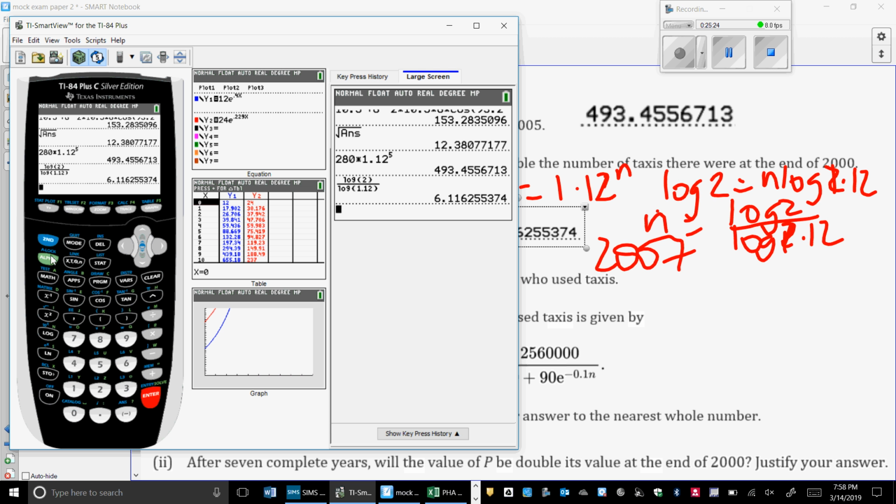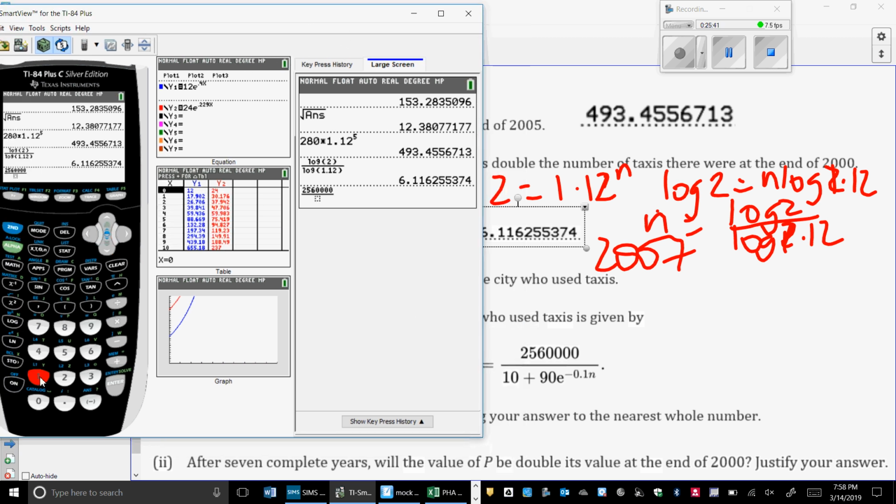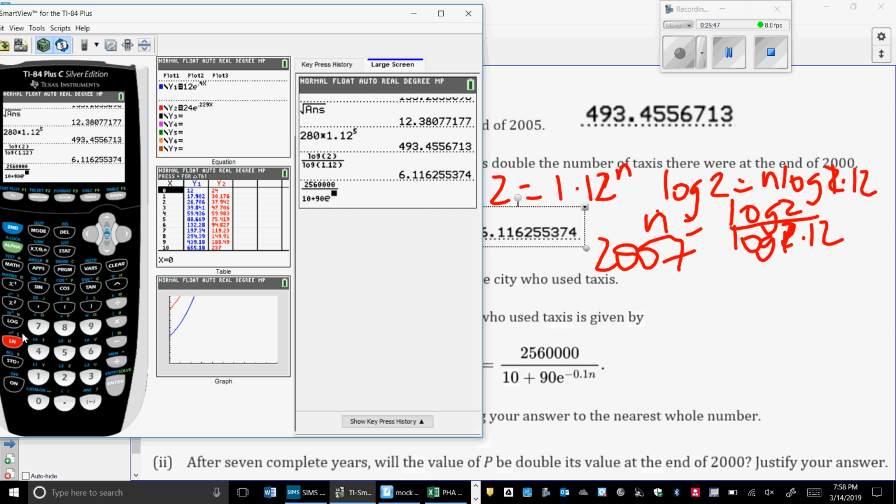It's a complicated thing. 256,123,4 over 10 plus 90 e to the negative 1 times 5.